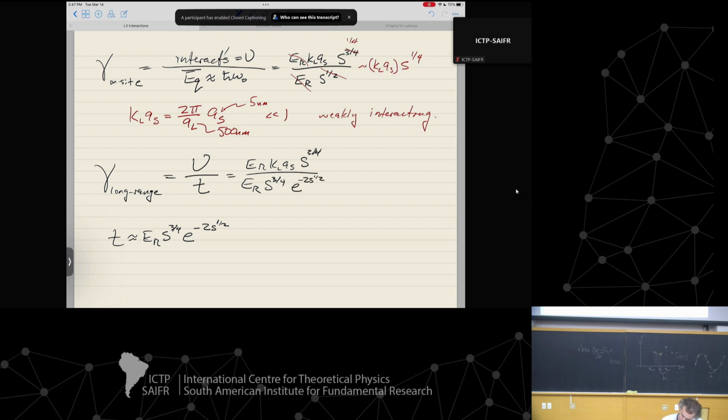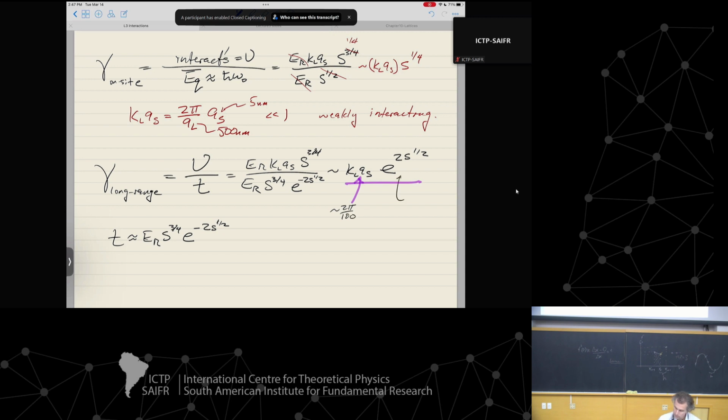And you see that's great because this is going to go like k_L a_s still, but times e to the plus 2 s to the 1/2. Okay. So this ratio here is still small. It's still the same thing, which we said is roughly 2 pi over 100.